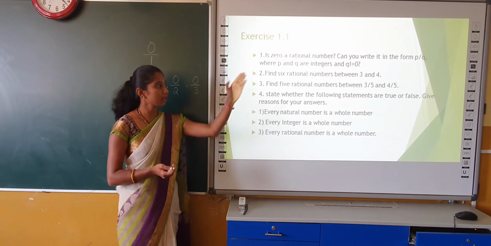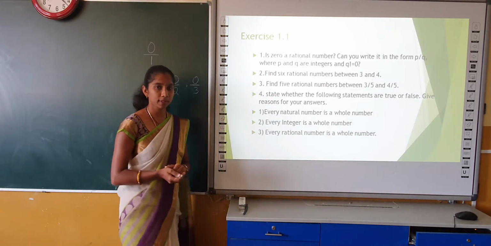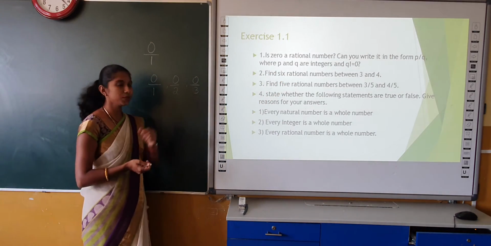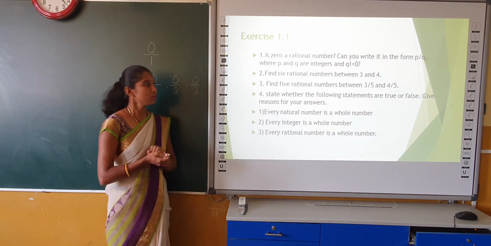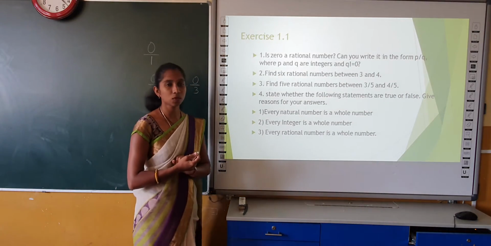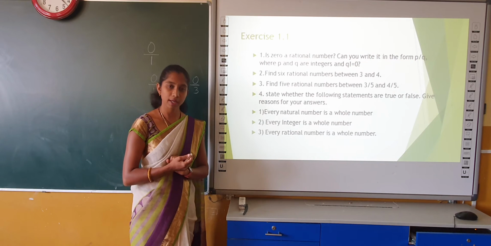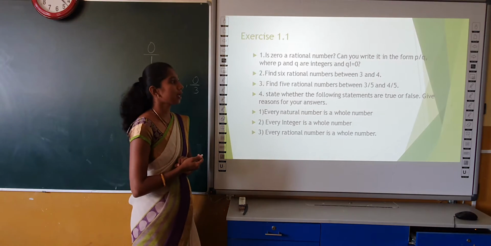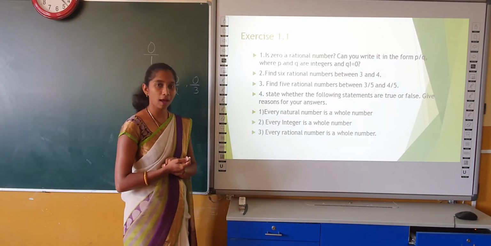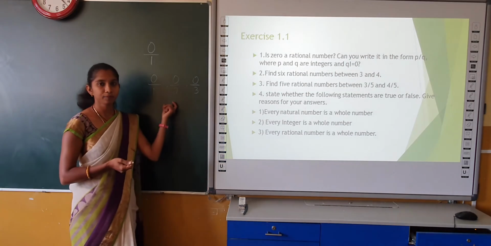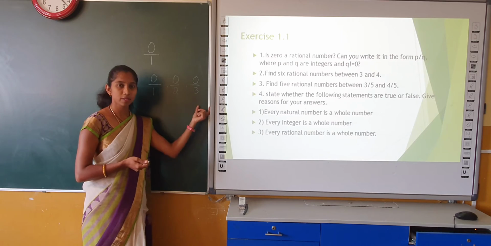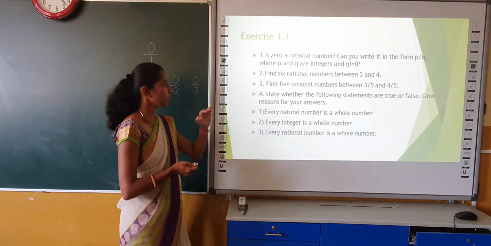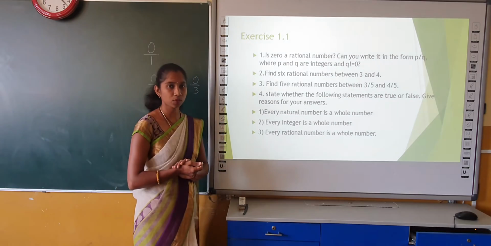Next, you can tell q should not be 0. Yes, in the denominator q is not 0. So the answer you should write for this question, is 0 a rational number, is: we can write it in the form of p by q as 0 by 1, 0 by 2, 0 by 3. This is the answer of the first question.